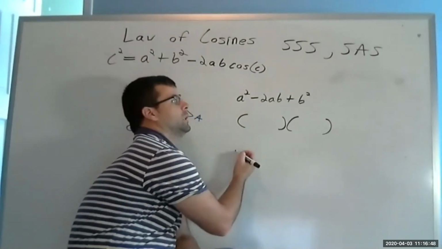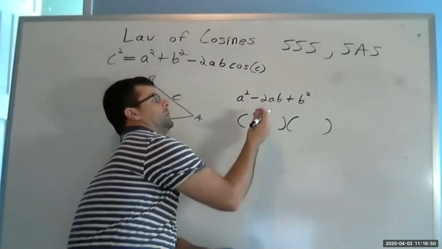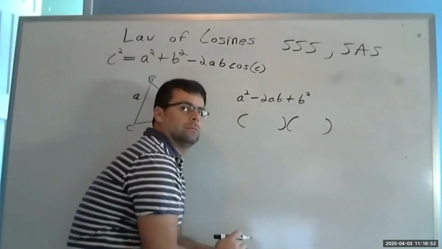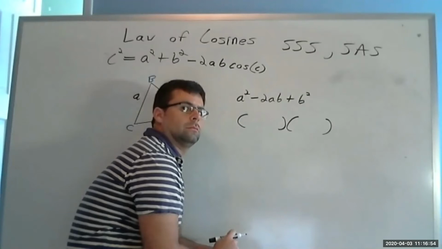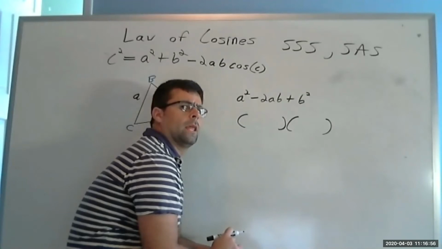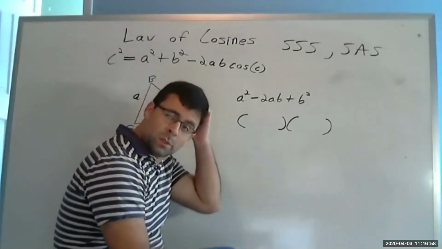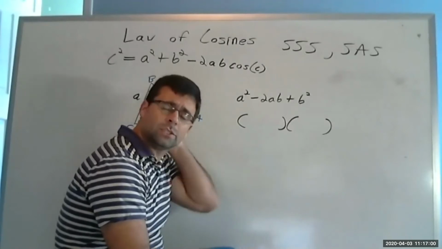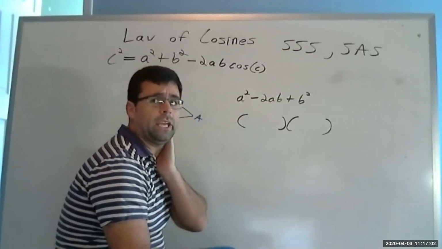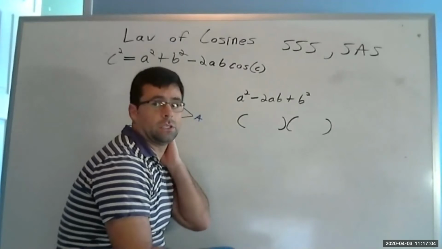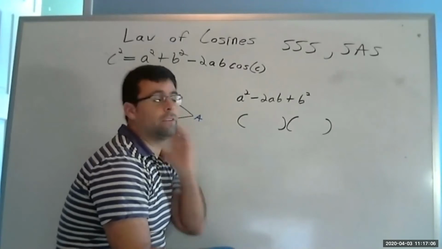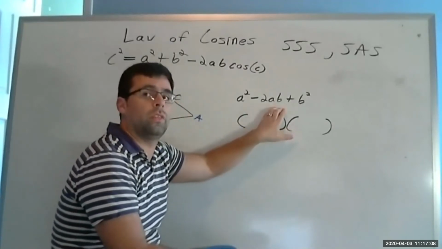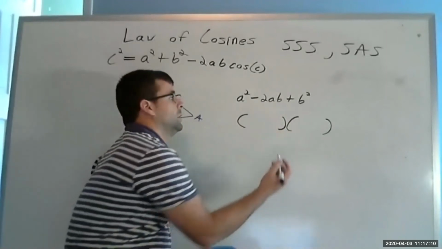Would you subtract the a squared to make it all equal 0? Well, it's not about equaling 0 because it's not an equation. It's an expression. So we can factor this into two things being multiplied together.